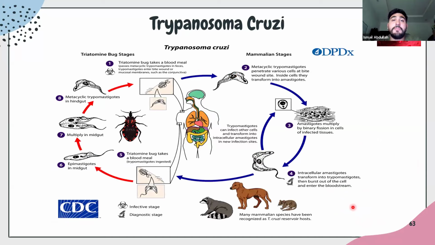Then we have Trypanosoma cruzi. So what's the organism here? It's going to be a bug, which is the triatomine bug. Okay, so this bug is going to take a blood meal.